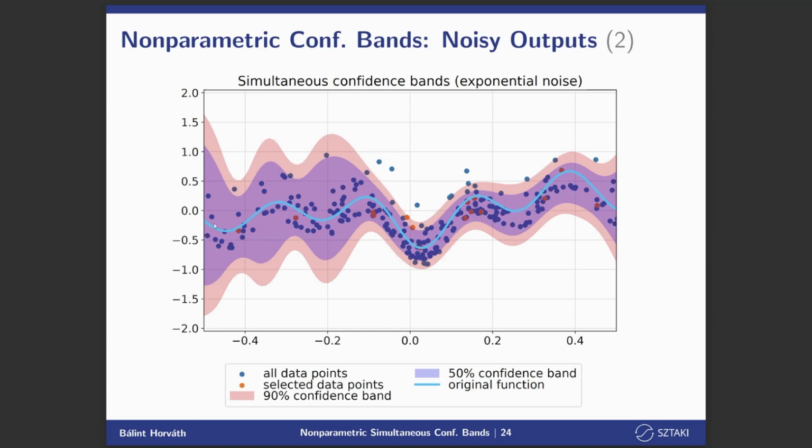And as you can see, in this case, the method also proves successful. So both the 50 and the 90% confidence bands include this original regression function. And hopefully these figures helped to give some clarification or some picture about how these methods work.